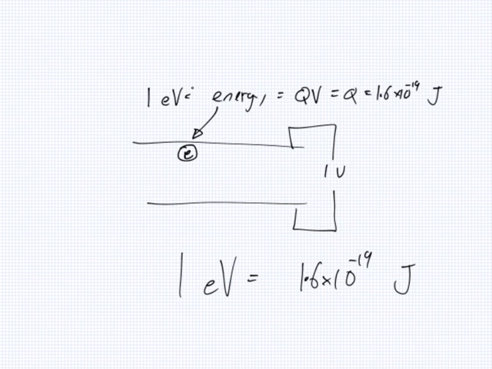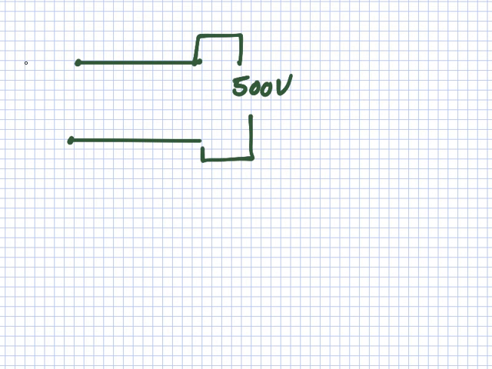So, let's just write down the information that we have, as is normal. So we know the distance between the plates. What else do we know? The voltage. And we also know the charge and the mass because it's an electron. So let's have a look here. What did I say? 500 volts. And the distance is 2 centimeters.